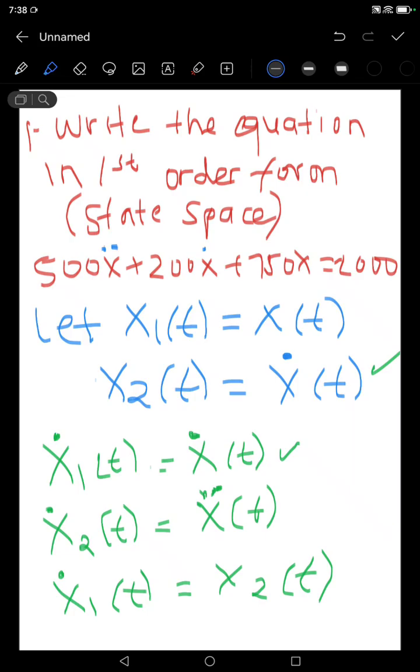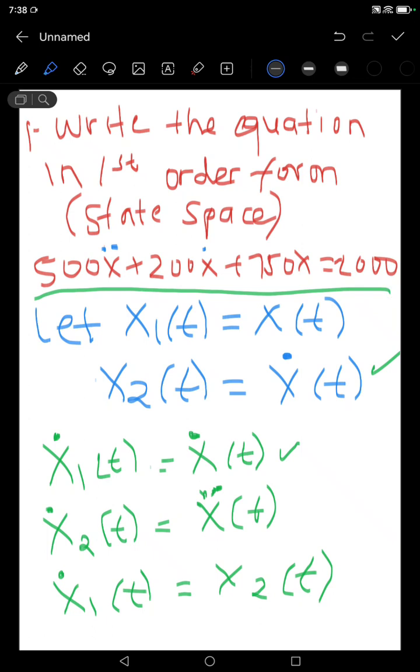So this is our first step, guys. We have to determine how to write the equation in first order. After getting this velocity and displacement, we're going to substitute the state space into what? Into our equation of motion.